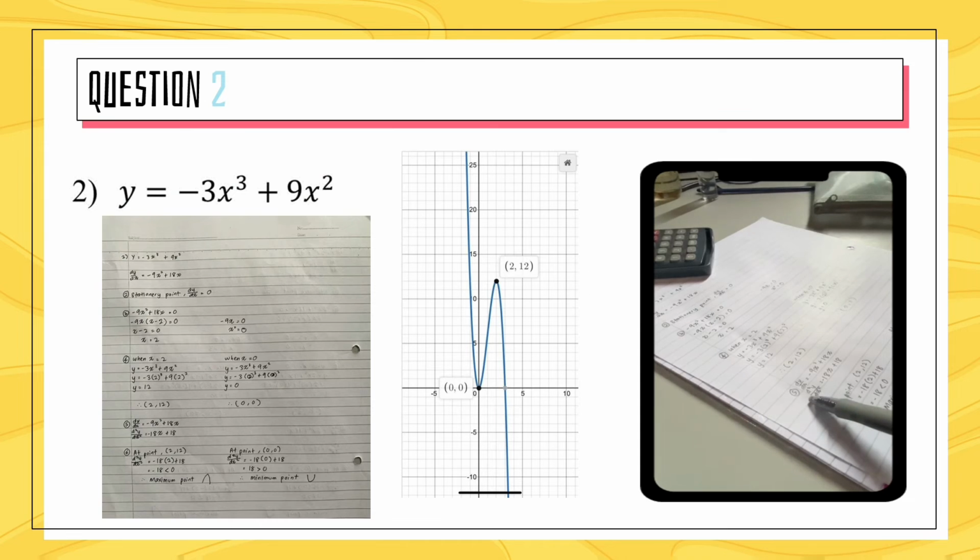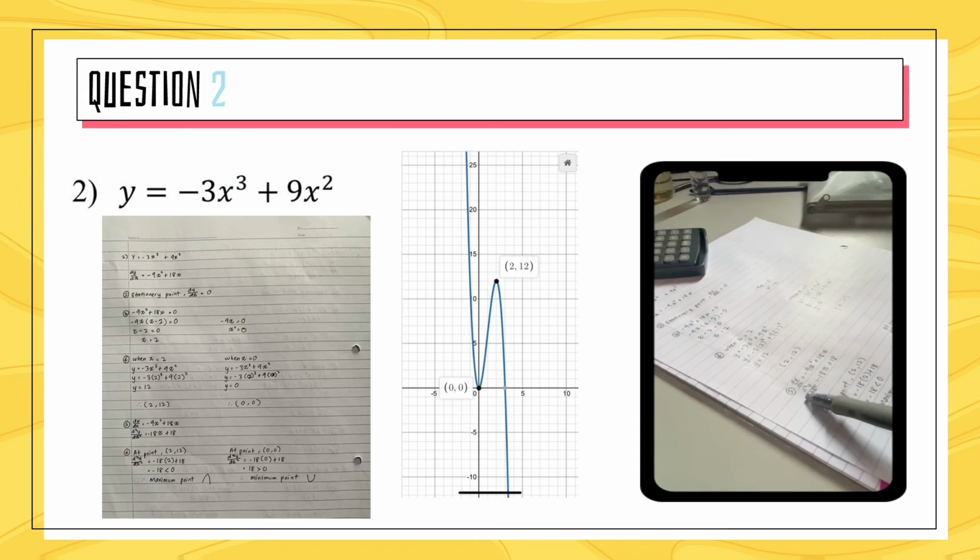For step 5, we need to do the second order differentiation. dy over dx equals negative 9x power of 2 plus 18x.